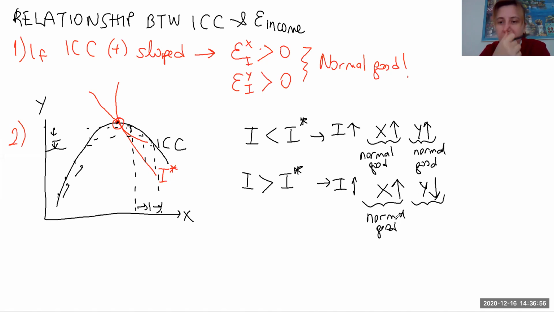The consumption of X increases while the income increases. However, good Y is becoming an inferior good after this critical income threshold.